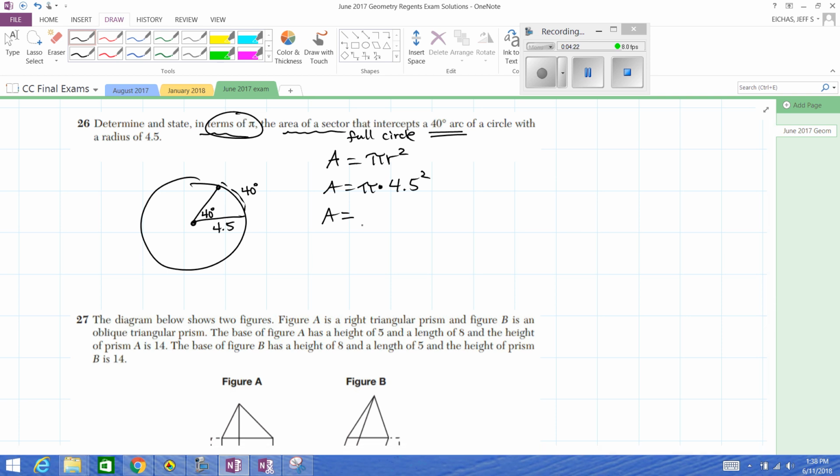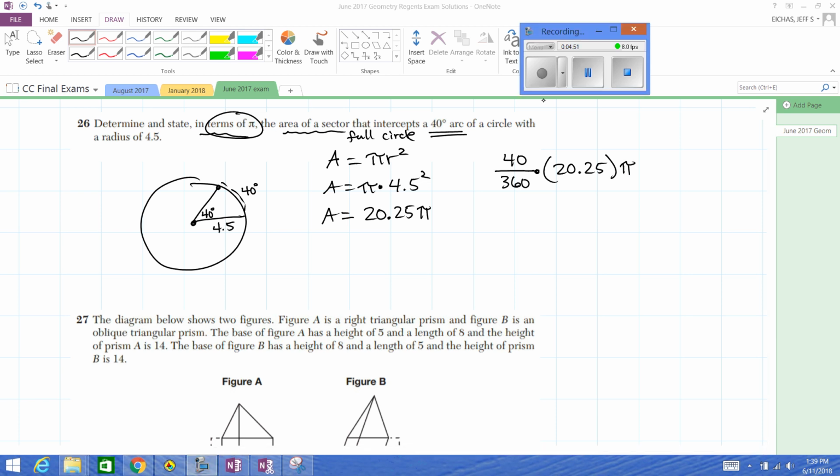Let's go get that. Yeah, 20.25. So it's 20.25 pi for the full circle. Now what I would do over here is go 40 degrees out of 360 degrees, because that's the full circle, times 20.25 pi.